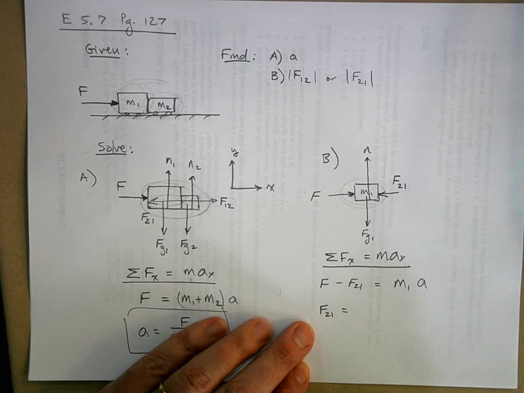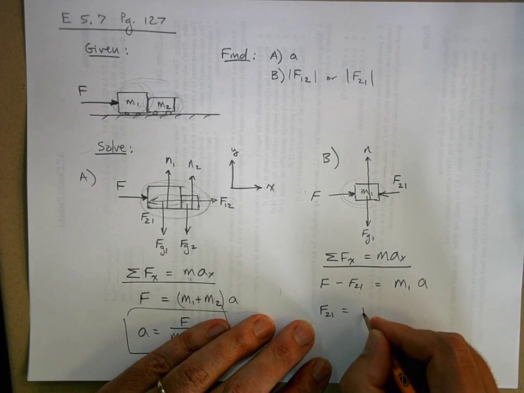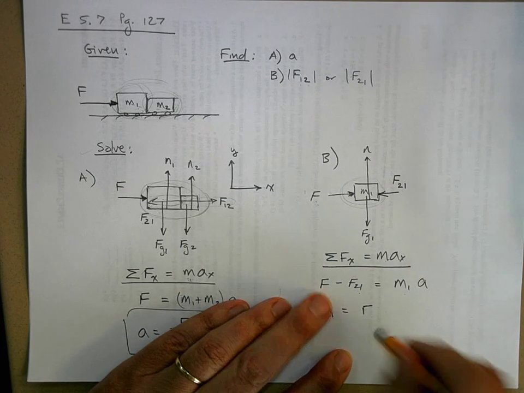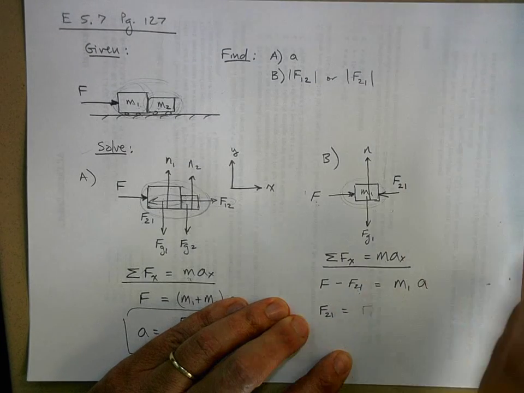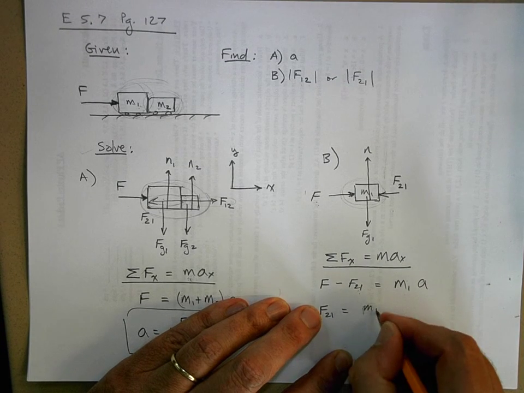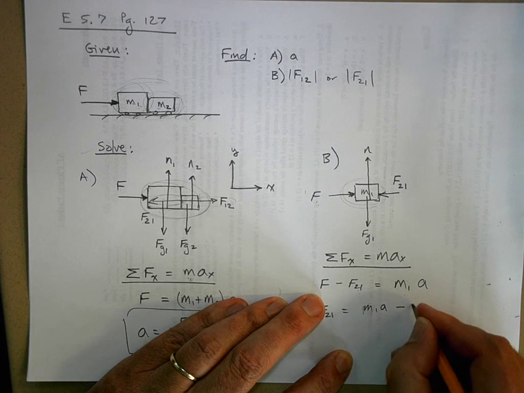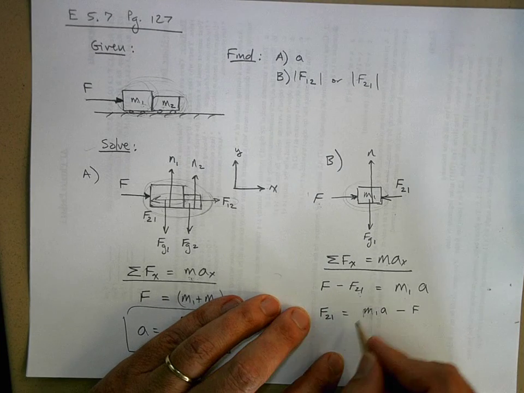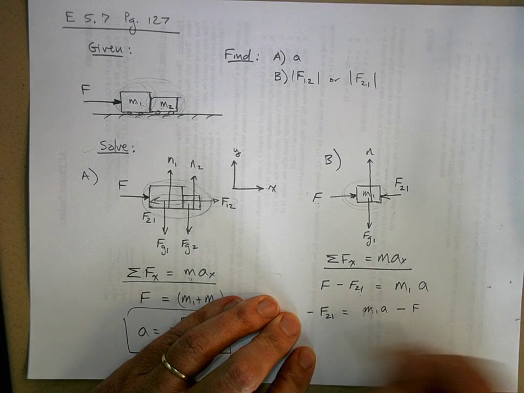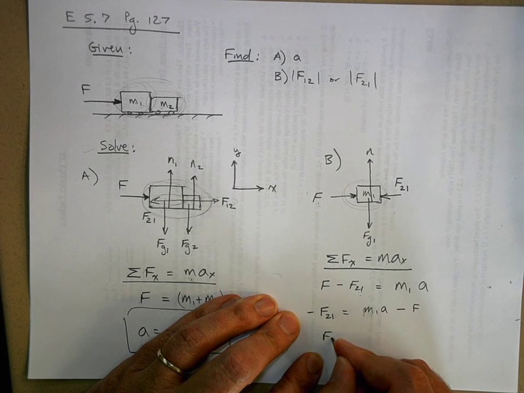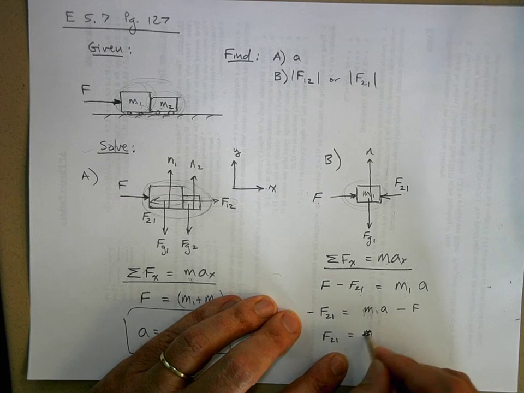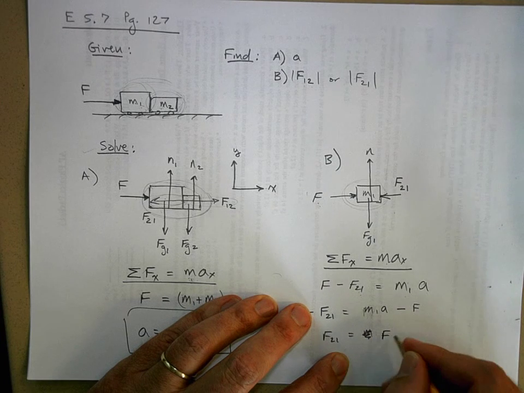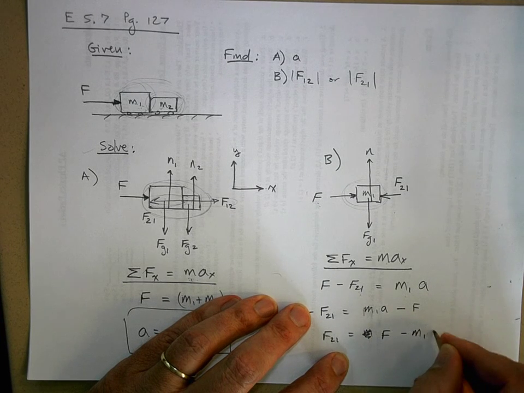So let's do that. This is M1 times A minus F equals, oh, negative, so I've got to switch that. So the force of 2 on 1 equals F minus M1A.